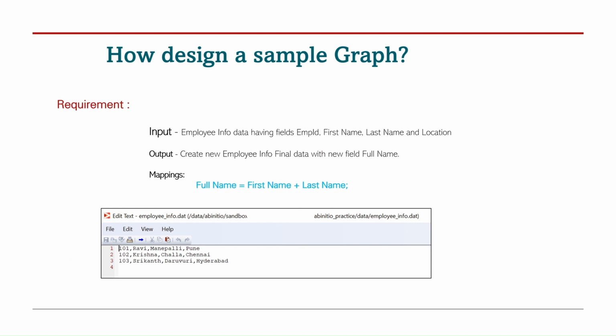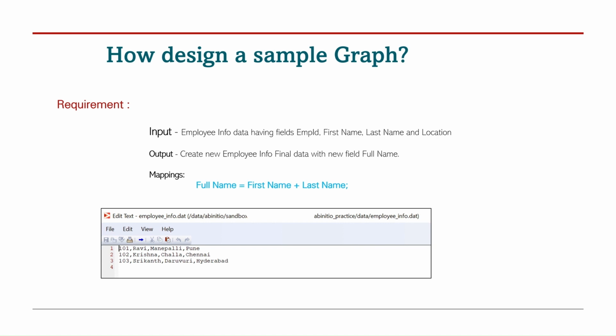Now let's design a sample graph. Let's take a sample requirement and design one graph. You can see on my screen we have one input, employee information data, which has the fields employee ID, first name, last name, and location. Our requirement is to create new employee information where we add a new field called full name.